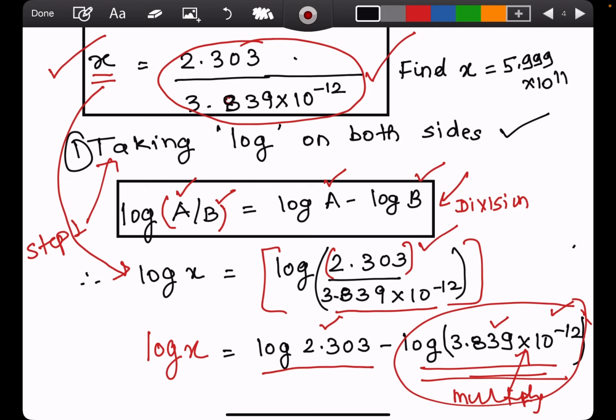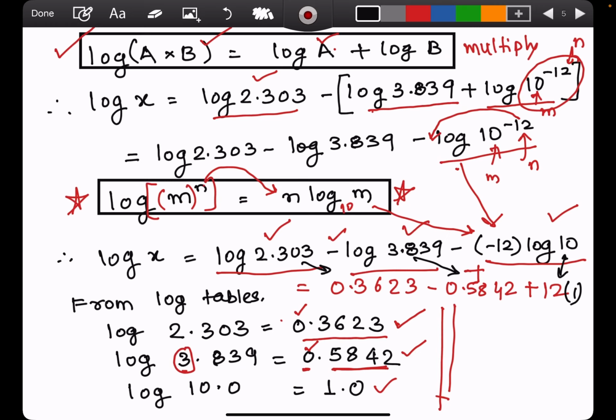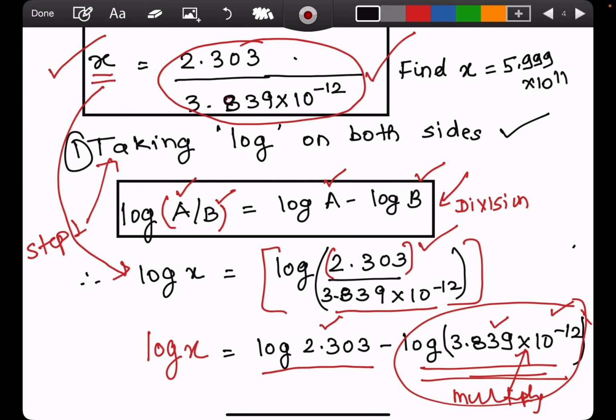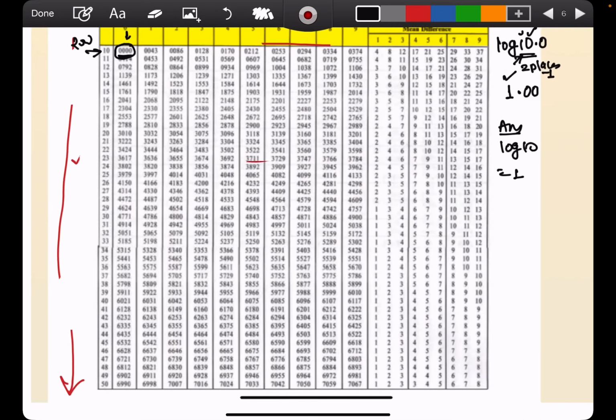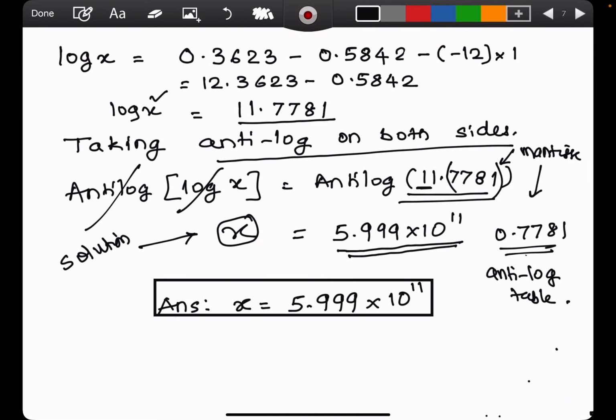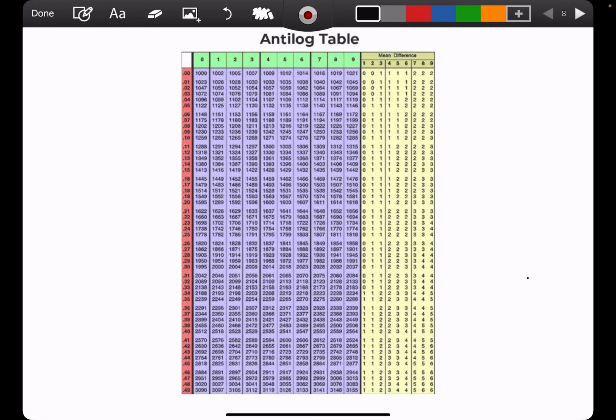For the multiplication, we used log of a into b is log of a plus log of b. And there was one complicated stuff here in the form of m raised to n, so we converted it into n log to the base 10 m. If you know these three relations, and how to refer to the log tables and anti-log tables, that would give us the answer.